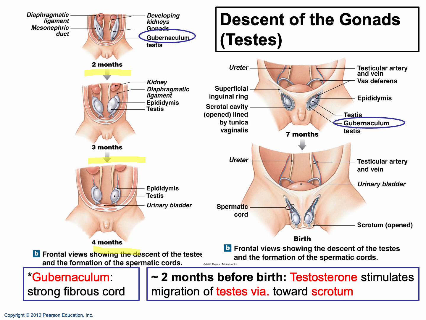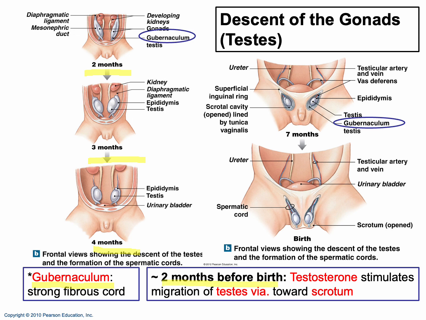And slowly but surely, they're making their way closer and closer to the scrotum. What's allowing for them to move, one, is a structure known as the gubernaculum. The gubernaculum is a very strong fibrous cord that really plays a role in moving the testes into the scrotum. Almost like a pulley system is one way to consider it.